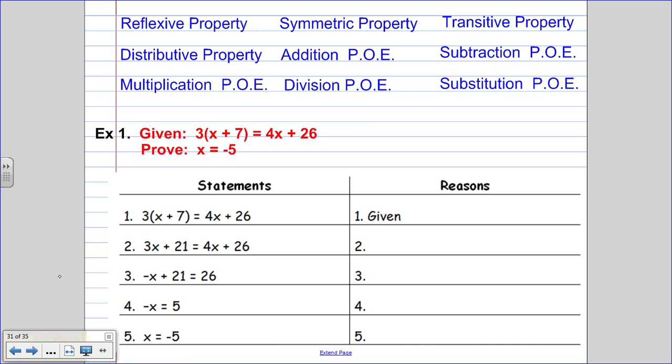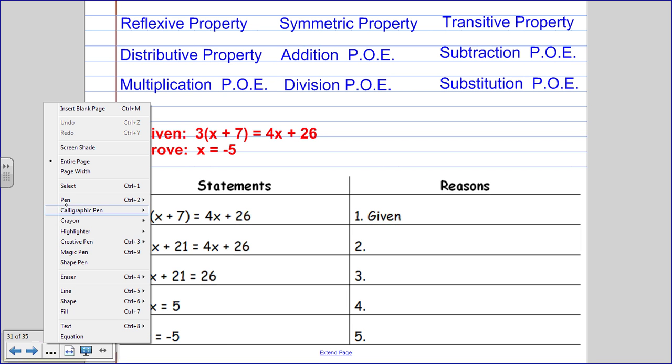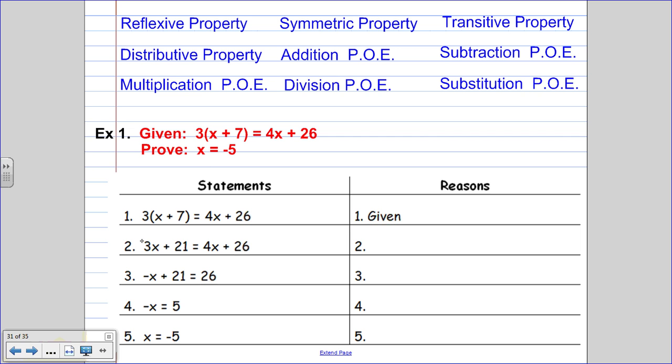Now, the next step, you notice I no longer have parentheses, and it now reads 3x plus 21. What property was used in order for that to occur? It had to be the distributive property, because we took 3 times x and 3 times 7, so the distributive property was used at that point.